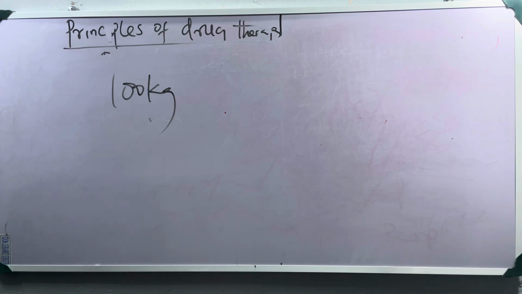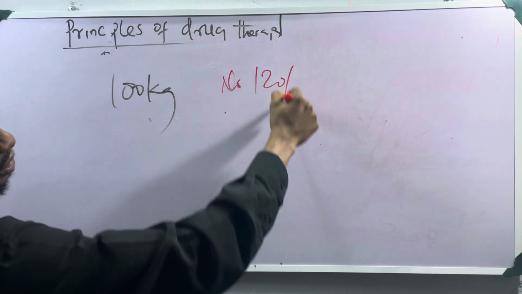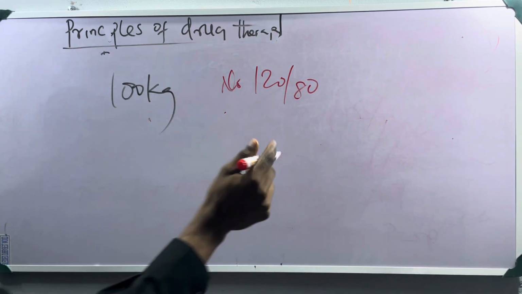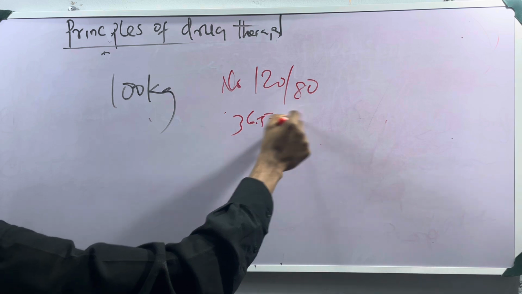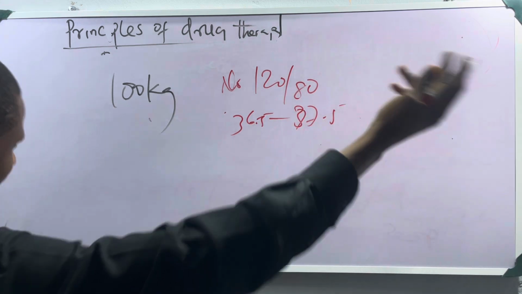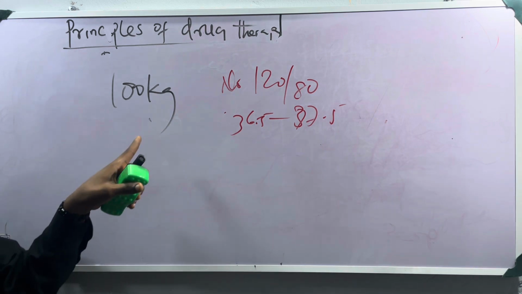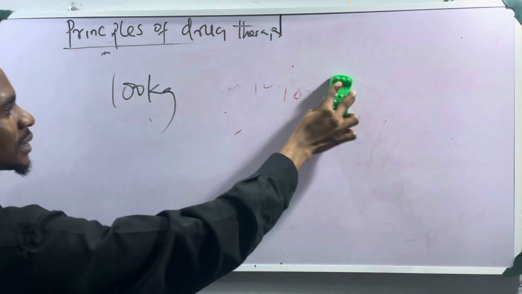But now you have to understand that just like we have blood pressure, where the normal blood pressure is less than 120/80, and temperature is 36.5 to 37.5. So when it comes to weight, there is no normal weight.